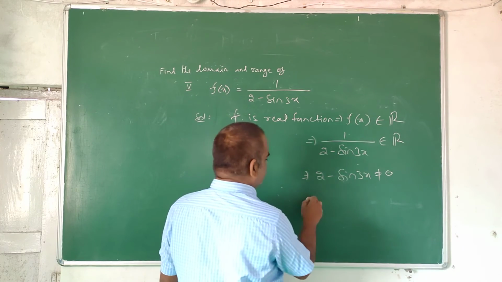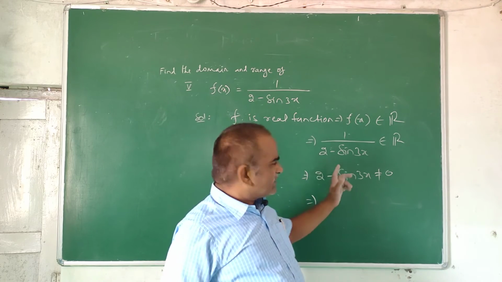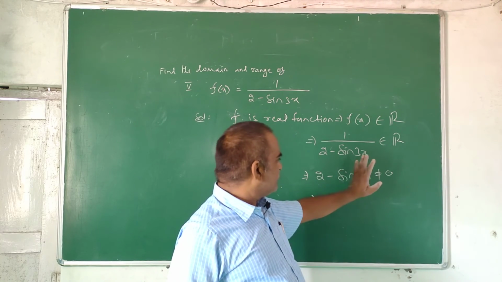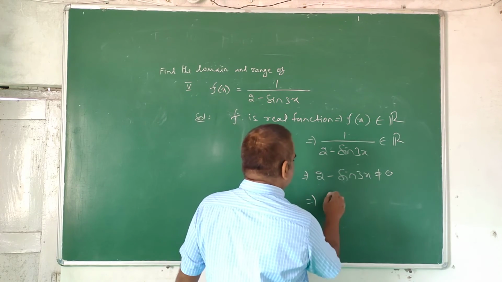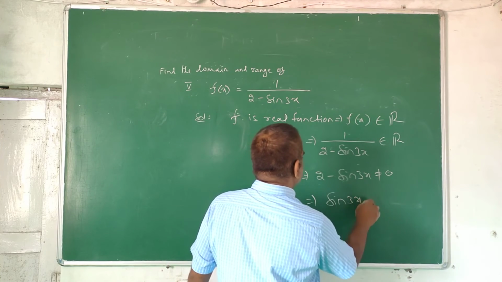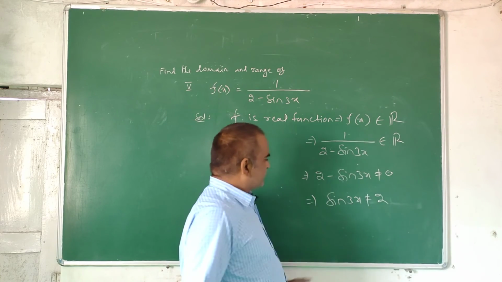This should not be 0. That means sine 3x should not be equal to 2, right?